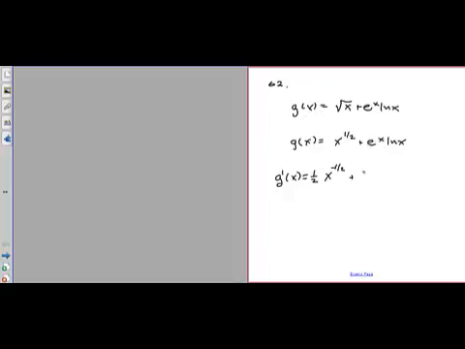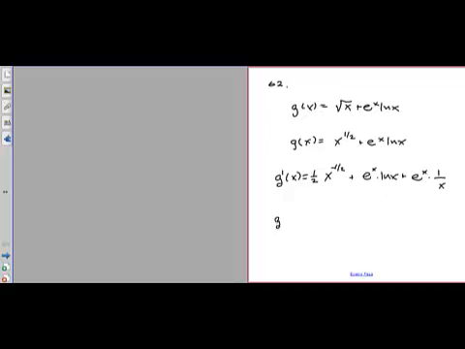So we're going to take the derivative of the first term, and the derivative of e to the x is e to the x, times the second term, plus the first term times the derivative of the second term. The derivative of the natural log is 1 over x. So that's the first derivative.